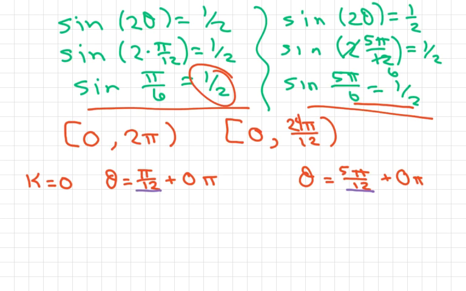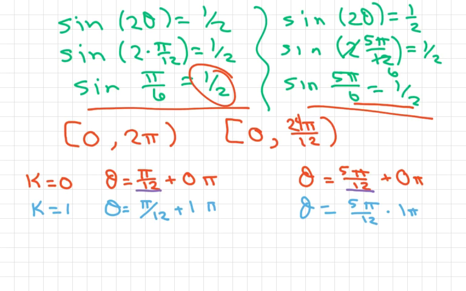And so what we're going to do is try k equals 1. That would be pi over 12 plus 1 times pi, and theta equals 5 pi over 12 plus 1 times pi.